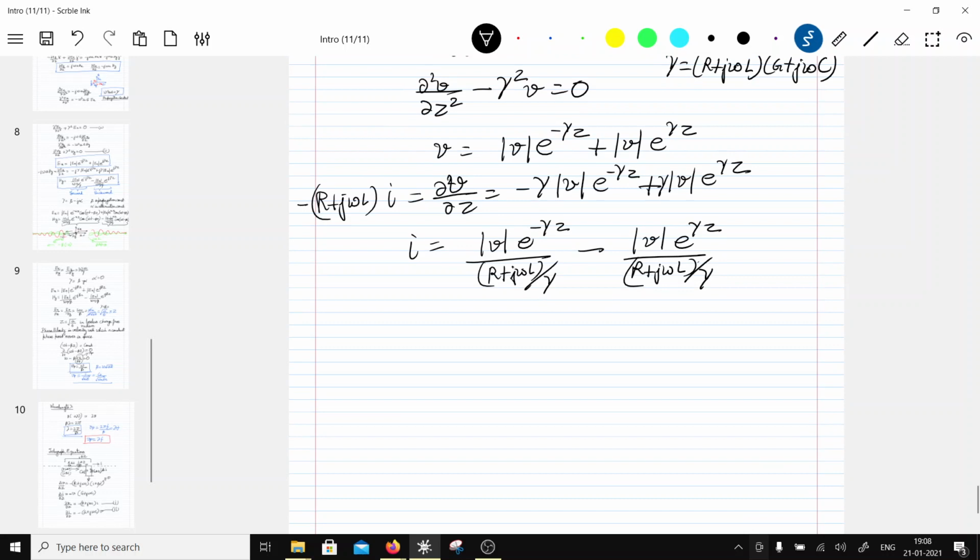So now again there is going to be impedance here, which will be equal to R plus j omega L by gamma, which would be equal to root of R plus j omega L divided by G plus j omega C, isn't it? So this one is going to be the forward wave along plus Z, and this one would be a reverse wave along minus Z.